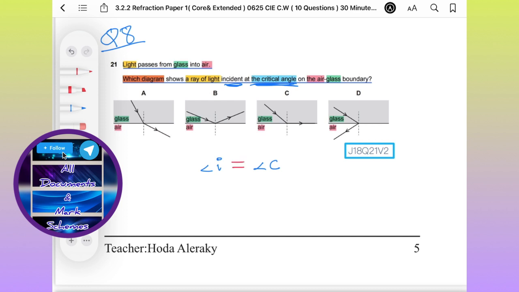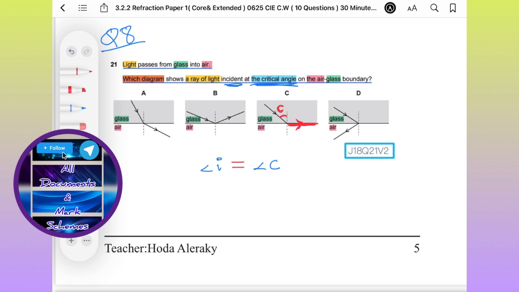So how will the light ray behave as it travels from denser medium to less dense medium? In this case, it will be refracted at the boundary. Change its direction, but it will not emerge in air. It will be refracted at the boundary. And in this case, the angle of incidence, we call it critical angle.